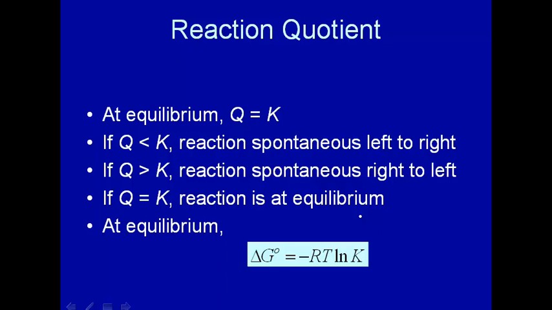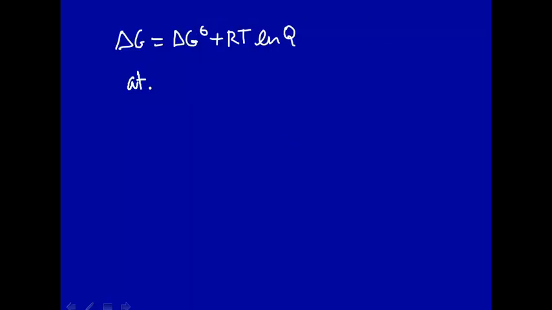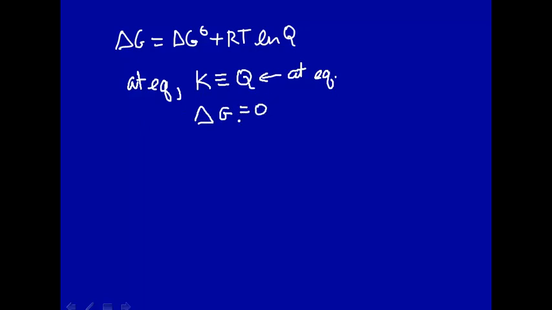So now let's look at equilibrium. Now that we know what Q and K are, or well, we actually don't know what K is, but let me define that at equilibrium, K will be defined as Q. So this Q is at equilibrium. At equilibrium also, delta G is equal to 0. Remember, you have a minimum free energy, so it's not changing.